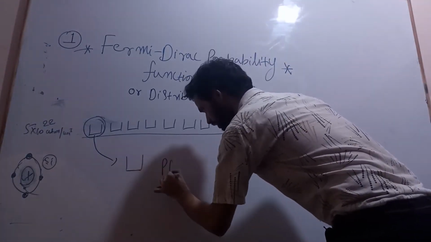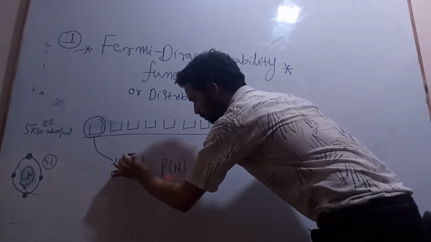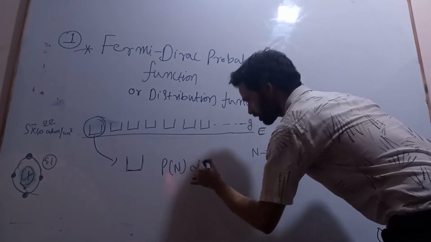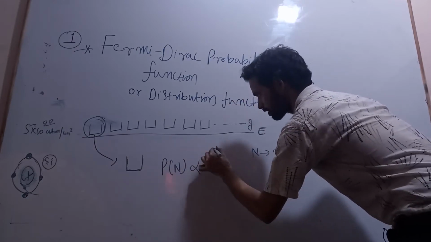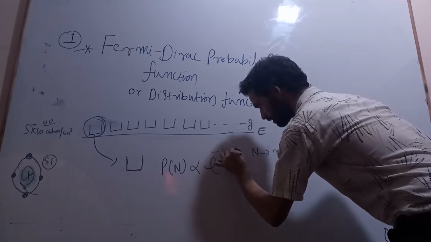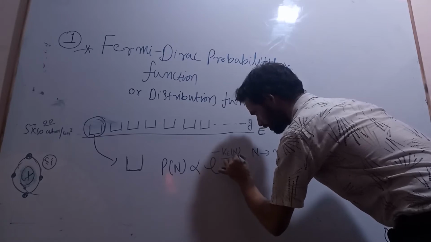This probability, the probability of an N particle occupying this quantum state, is proportional to e to the power minus kinetic energy of the N particle divided by kT.